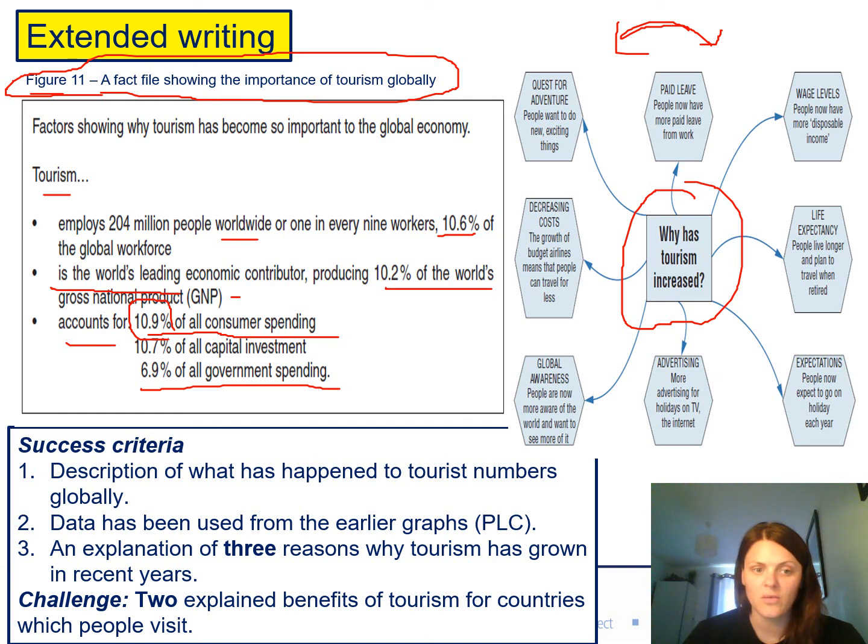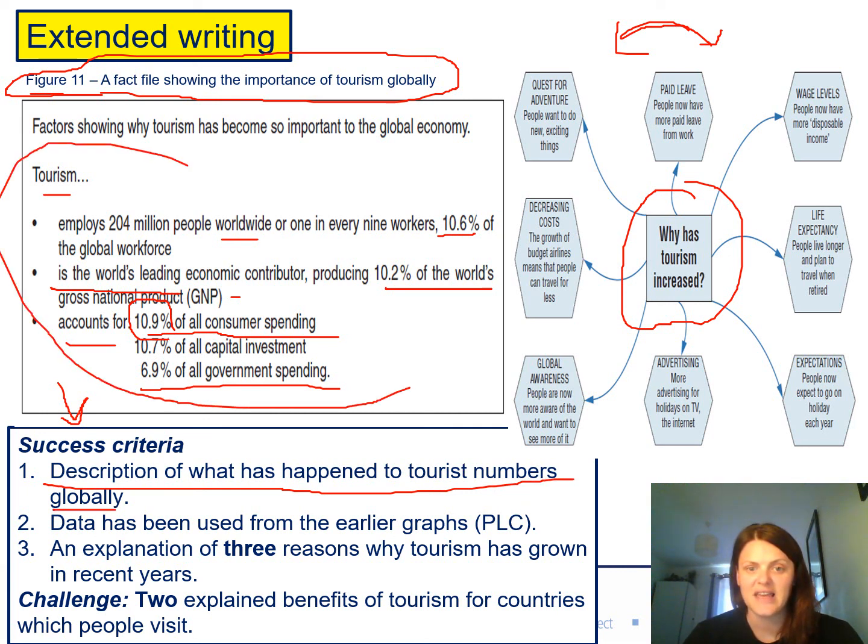Right, what you've got to do is this. You've got to describe or give a description of what has happened to tourist numbers globally. So you've got to explain this here. Can you use some data from earlier graphs? So you need to go back in the video and get some data to help you.